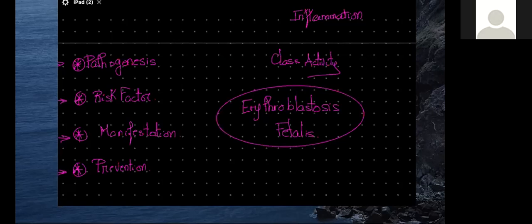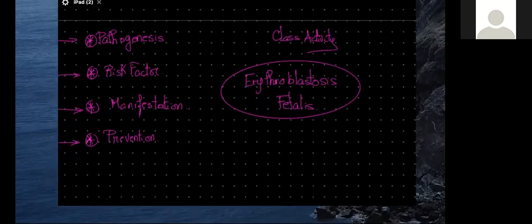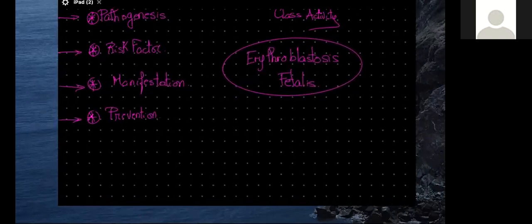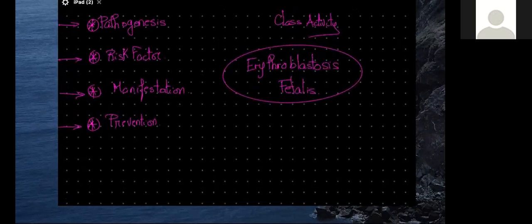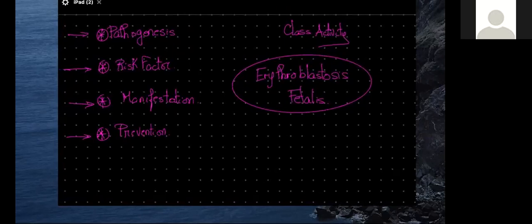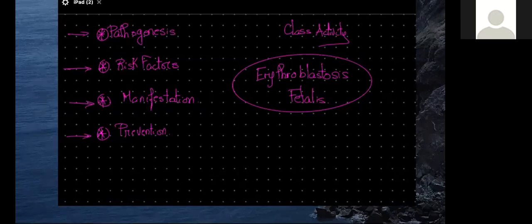What was erythroblastosis fetalis again? This is a hemolytic anemia that develops in the fetus. And remember, anybody still needs this slide? Pathogenesis, risk factors, manifestations, and prevention of erythroblastosis fetalis. This is again the in-class activity for today, and it's also the essay question for the upcoming lab exam.